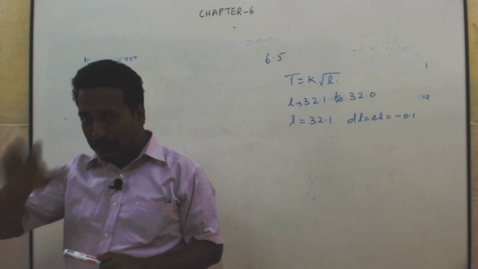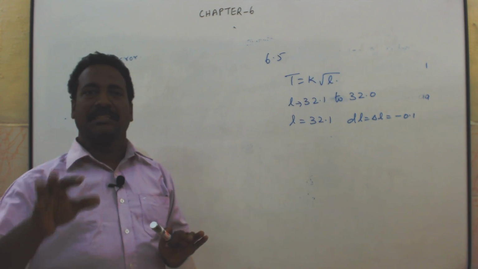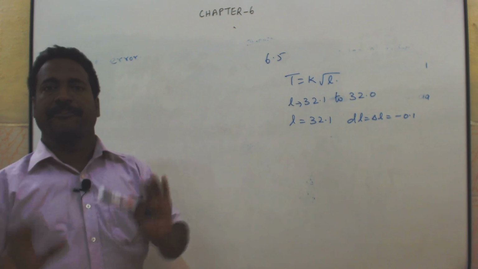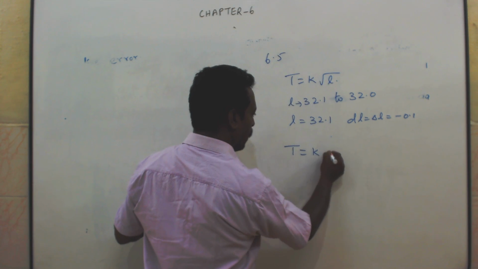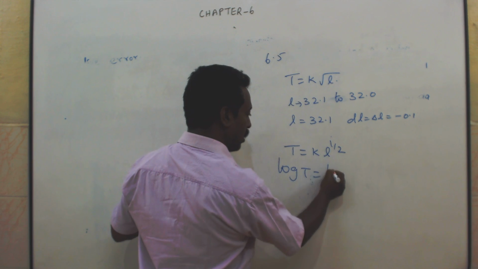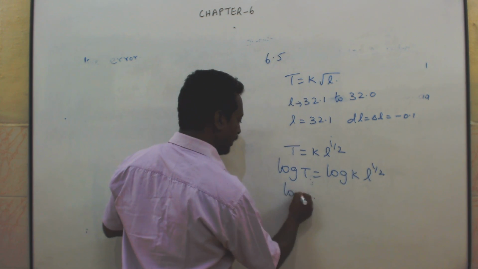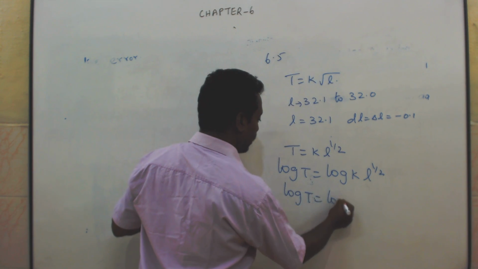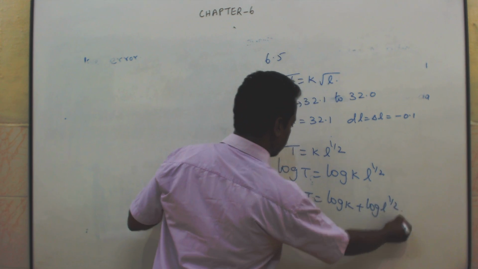We have to find out the percentage error. If you want to find out percentage error, the easiest method is taking log on both sides, then differentiate. T is equal to k L power half. Log T is equal to log of k L power half. Log T is equal to log k in multiplication plus log of L power half.